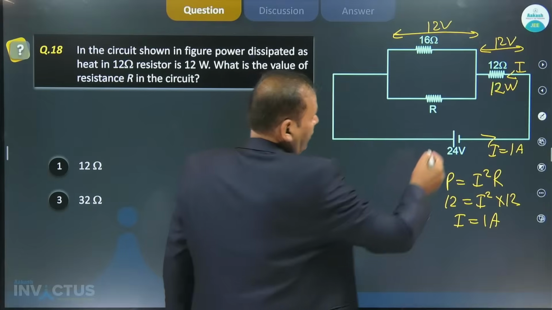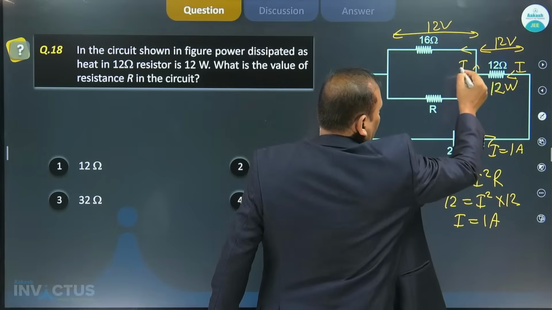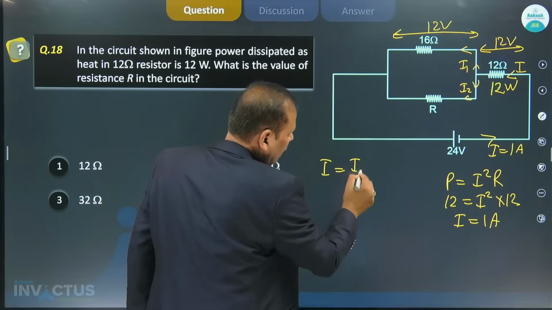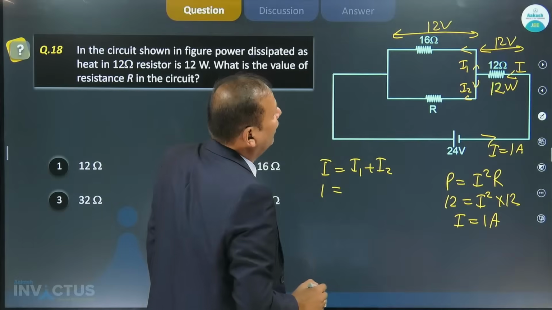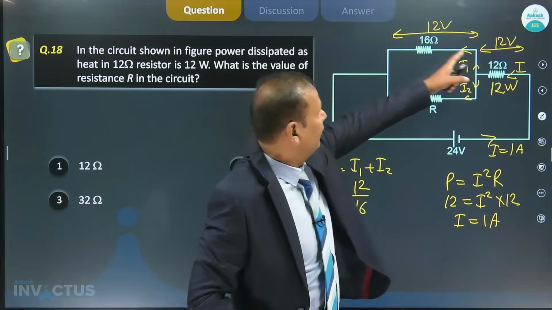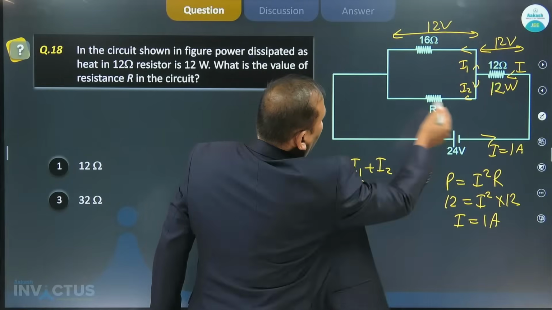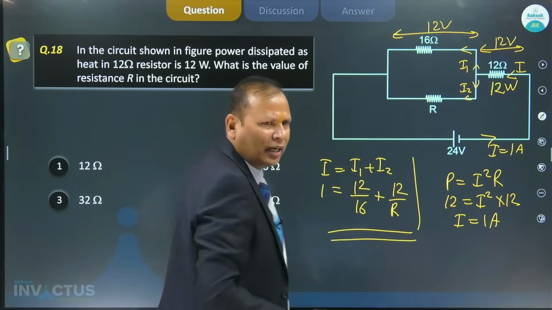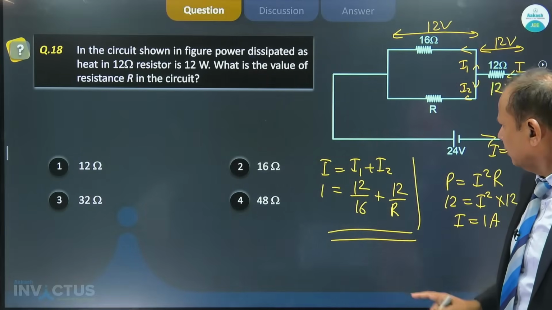So this is I1, this is I2. Certainly, I is equal to I1 plus I2. 1 is equal to I1, 12 by 16, potential difference divided by resistance, plus this is also 12 by R. Just solve this equation and certainly you will reach the answer.